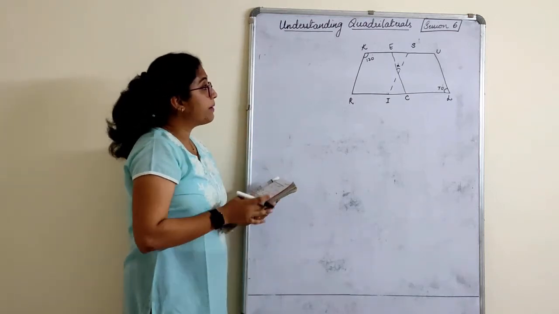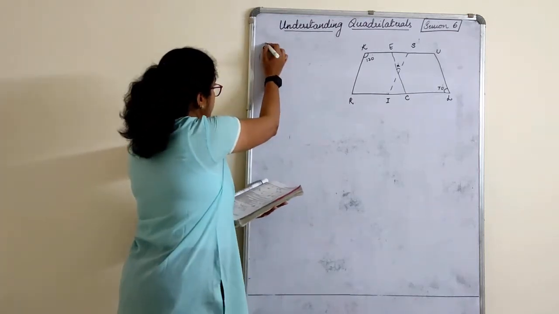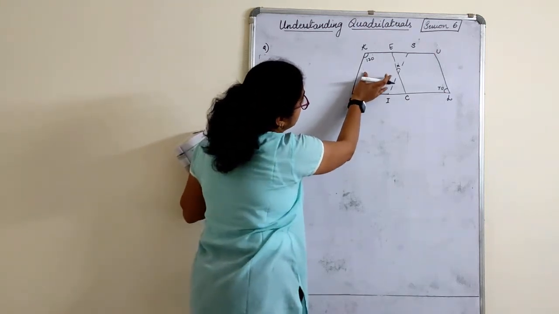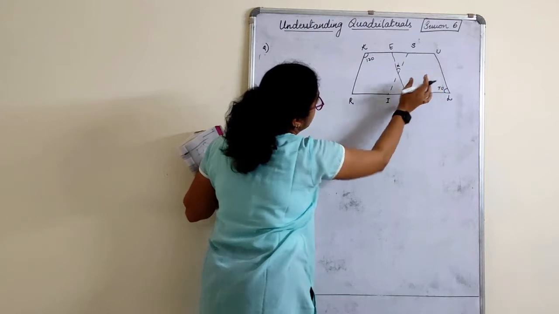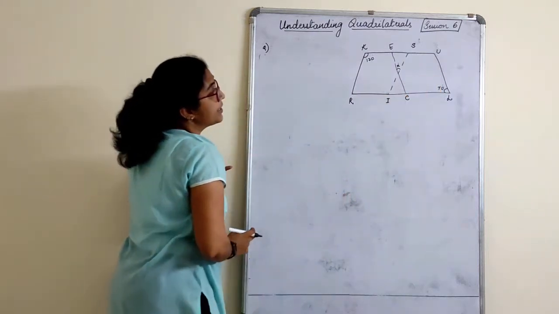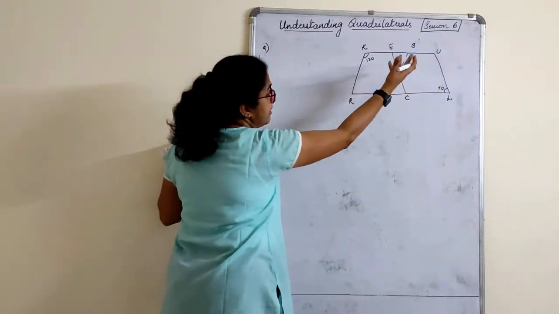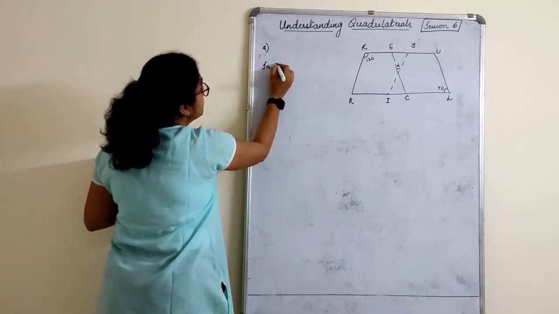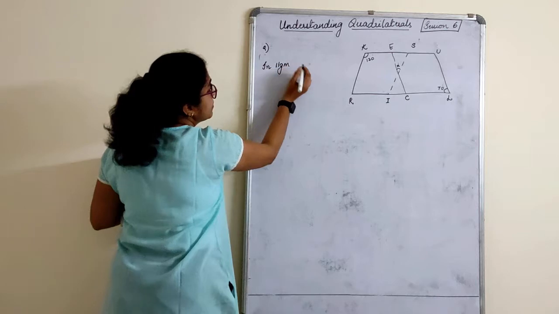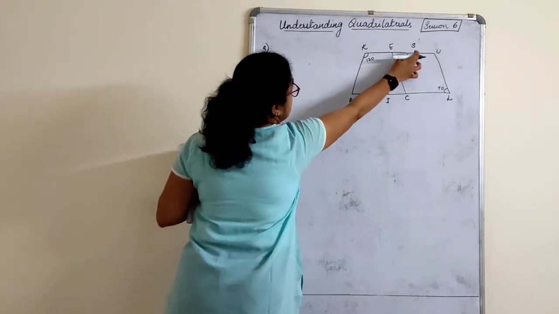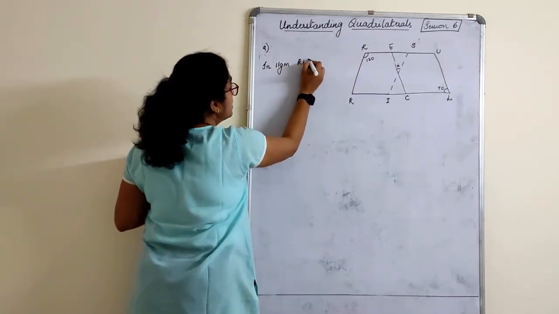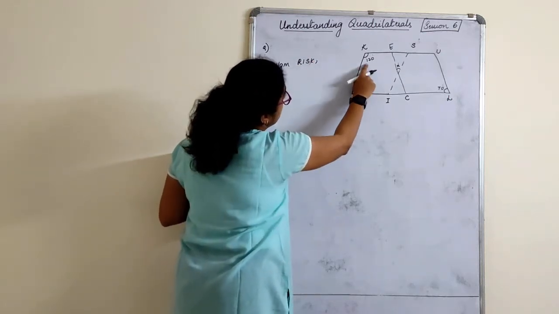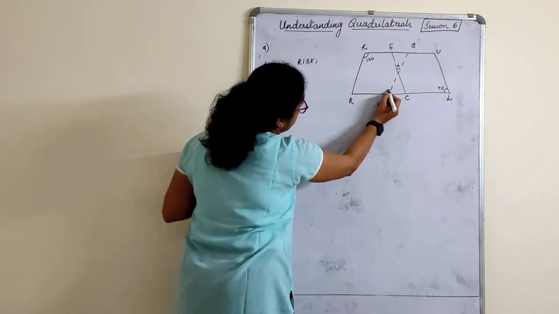With respect to each parallelogram, let us find the ninth one. First of all, look at the parallelogram here. This is one parallelogram and this is one parallelogram. Let me take the first parallelogram. In parallelogram RISK, this angle is equal to this angle, correct?